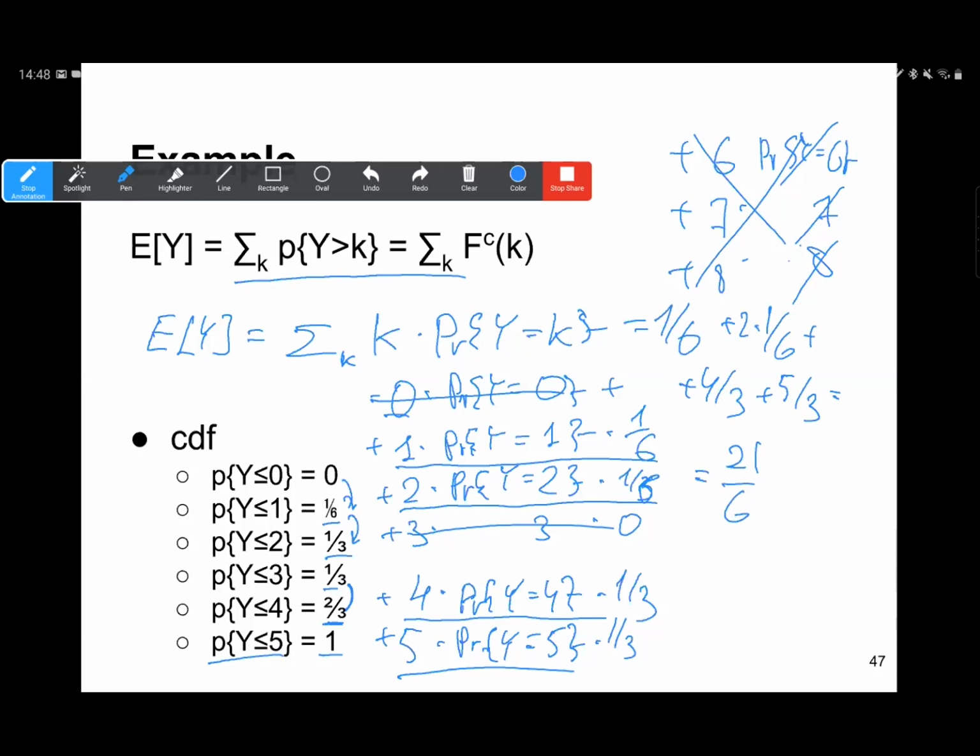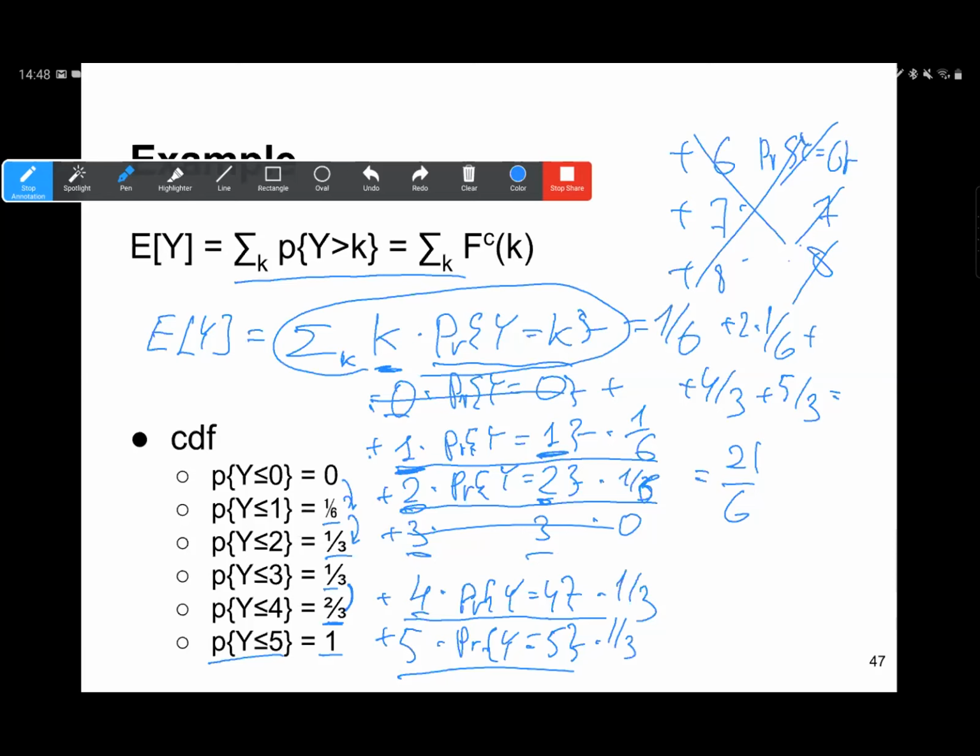Anyway, this is how the expected value of a random variable is calculated. You go through all numbers k one by one, multiply that number by the probability that the random variable is equal to that number, and you sum all these products as we did here, one by one. Number times the probability, and so on. And then you take the sum.